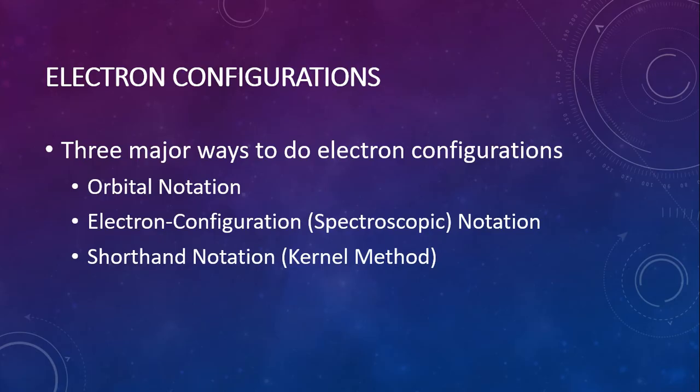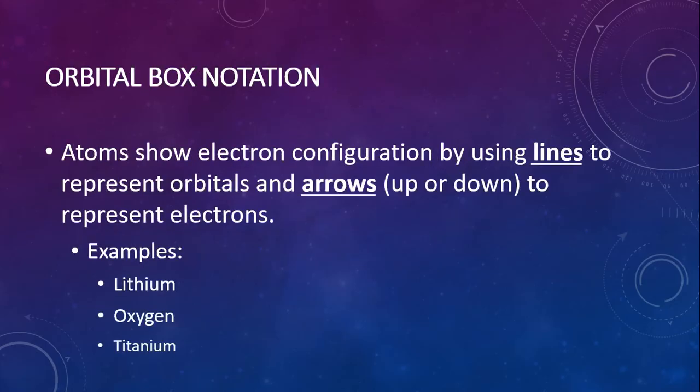Okay, so let's do this. We're going to draw out a bunch of orbital notations, so we're doing this for 3 different elements. The electrons are going to be represented by an arrow. And I'm going to use blocks more than lines.